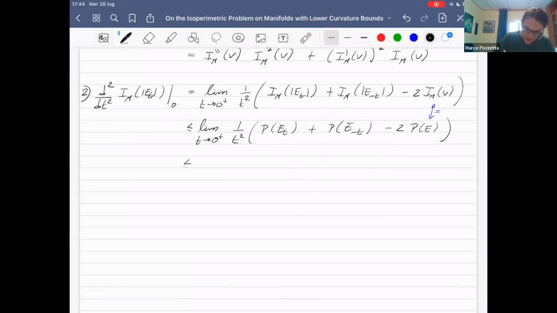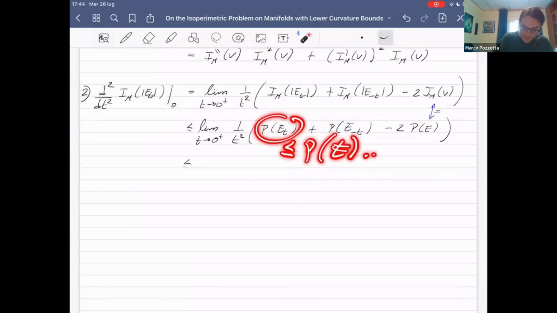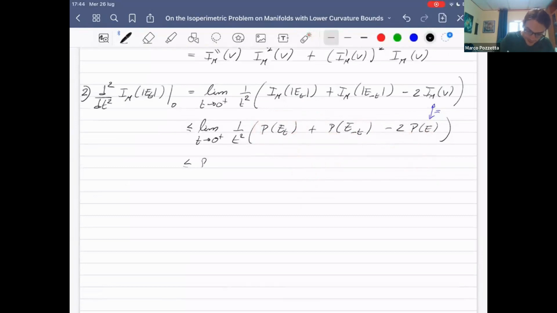If you remember, the estimate was that the perimeter is less than the perimeter of E times a function that depends on t. So eventually I can factor out the perimeter of E, and I get the perimeter of E times the second derivative of that function. The function was (1 plus H over n minus 1 times t) to the power n minus 1, computed at 0.